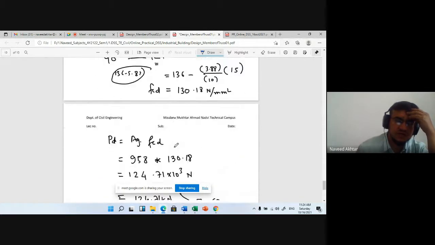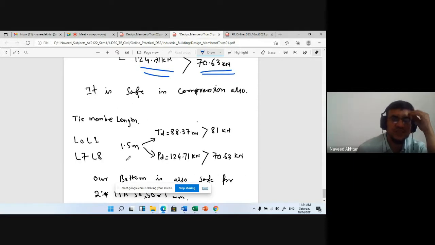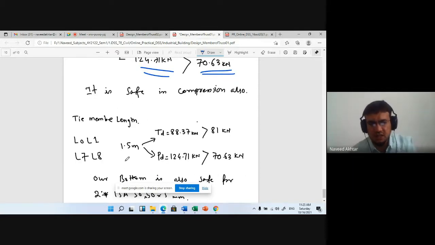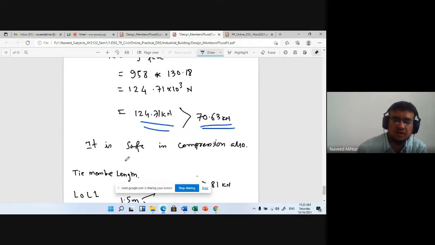If you know the FCD, you just multiply the gross area by FCD, you will get the PD, and that value should be greater than the compression load on that member. If it is okay, then we can say that our design is safe. So this we have done on 8th of October.